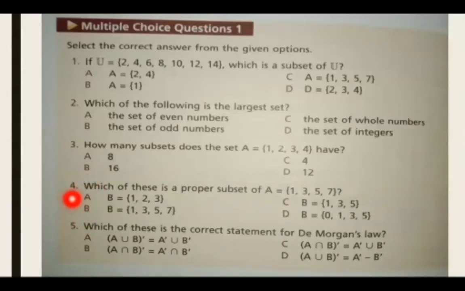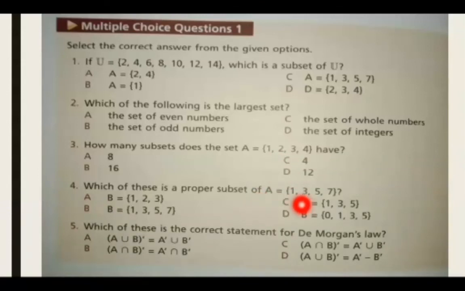Now in statement 4, we have to tell which is a proper subset of A. I have told you in the definition that a proper subset is a subset in which the superset has at least one element which is not in the subset. Here set A is the superset.